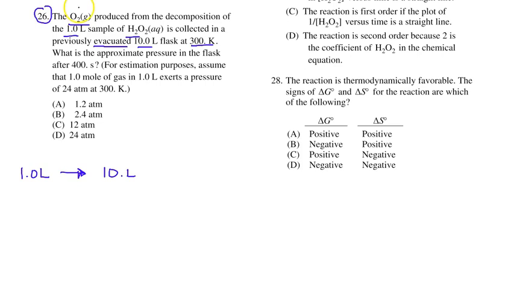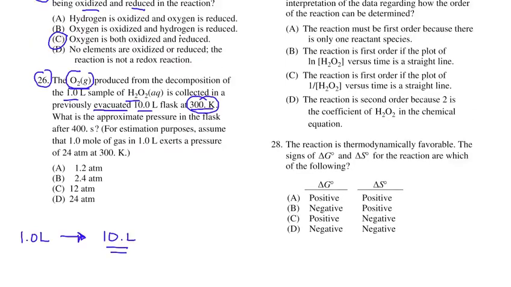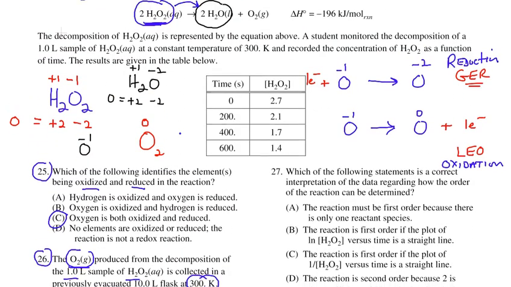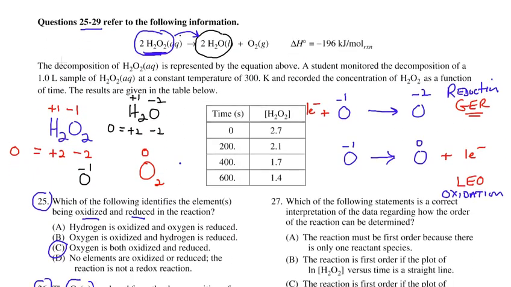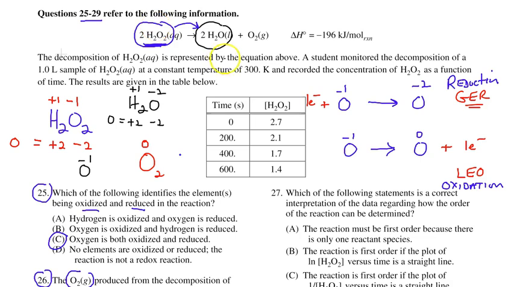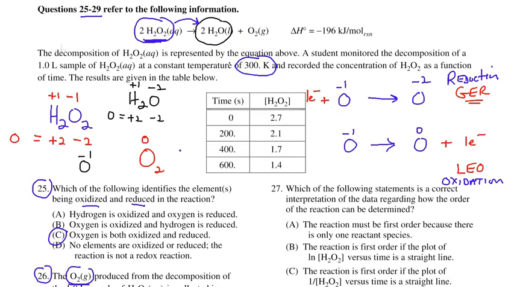Now they're collecting the oxygen and putting it into a bigger flask. And notice the temperature is staying constant. It's at 300 Kelvin. It's important that we recognize all these things. And this was at 300 Kelvin as well. So our temperature is staying constant, and we're collecting the oxygen from this reaction that originally occurred in a 1 liter sample.